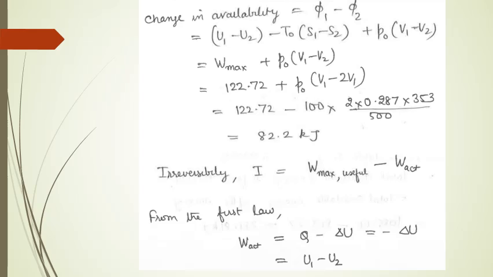Now the irreversibility, which is basically the maximum useful work minus the actual work, will be calculated. Now from the first law we know that the actual work is equal to del q minus du. So actual work comes out to be u1 minus u2 as the process is adiabatic.